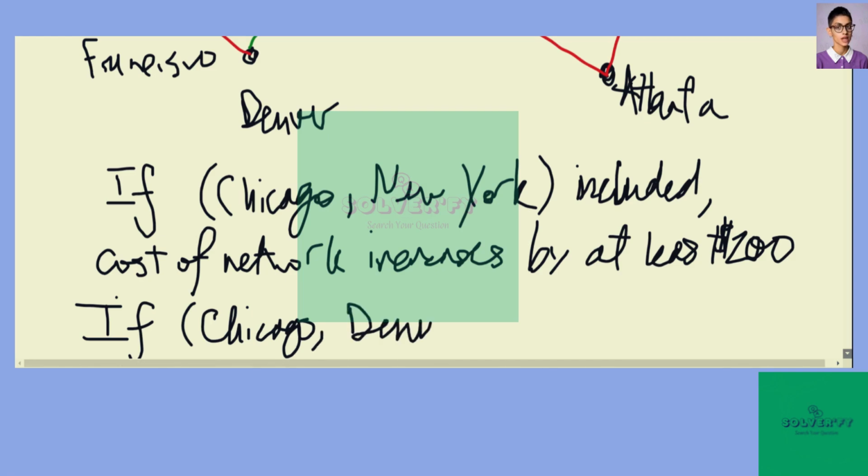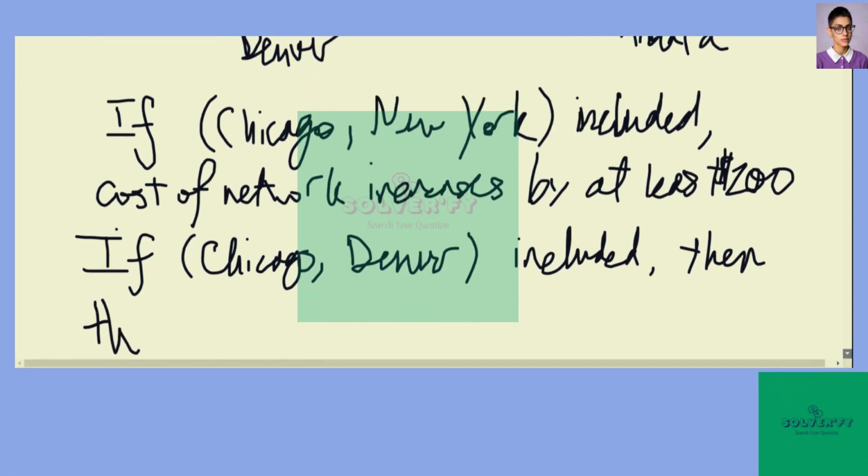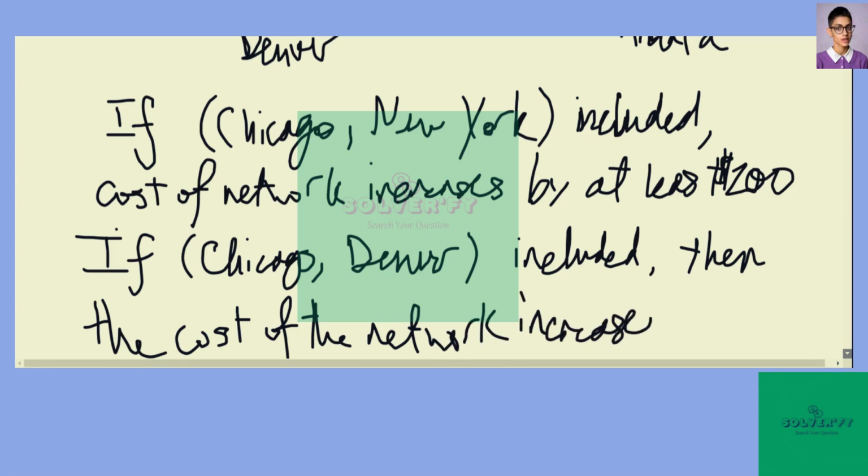And so it follows that if Chicago-Denver is included, then the cost of the graph will increase by exactly 1,300 minus 1,200, or $100. And this is less than the increase from including the edge from Chicago to New York.